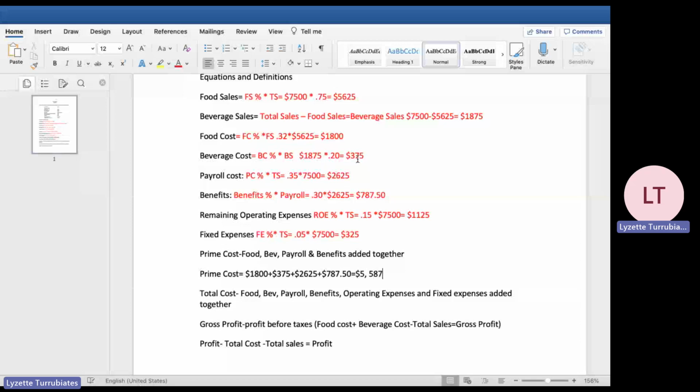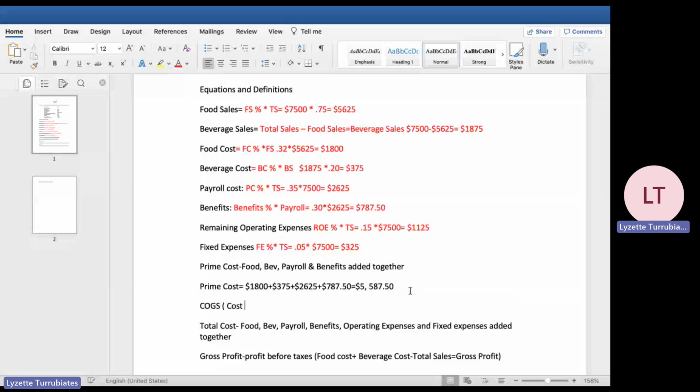Okay, so when you're trying to figure out prime cost, sometimes it's going to ask you for what is your total cost of goods sold. So total cost of goods sold are going to be what you sold, right? Like what the food items were that you sold. And those are goods, right? It's not payroll, it's not benefits, it's not these expenses. It's going to be your food costs and your beverage costs together. Sometimes those are called COGS. And that just means cost of goods sold.